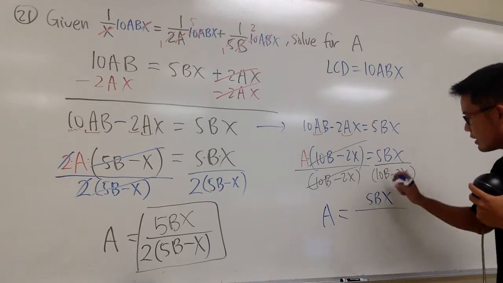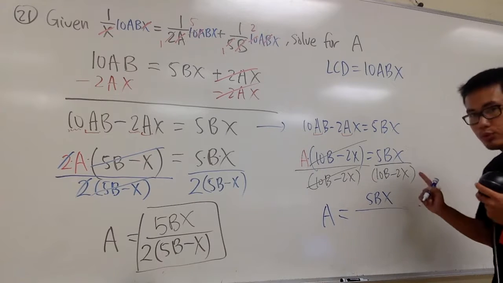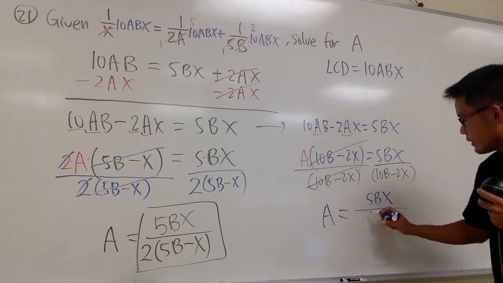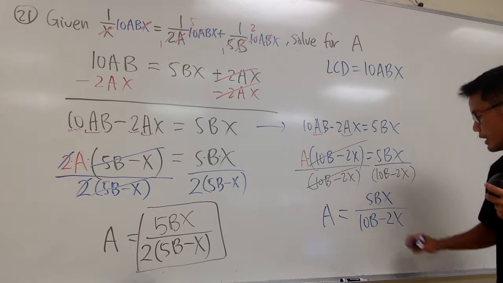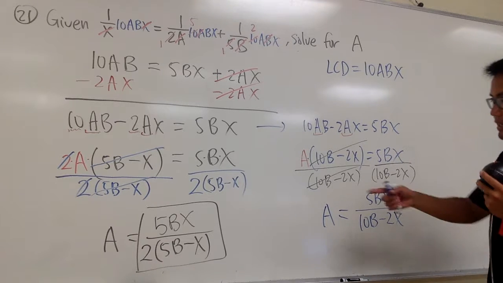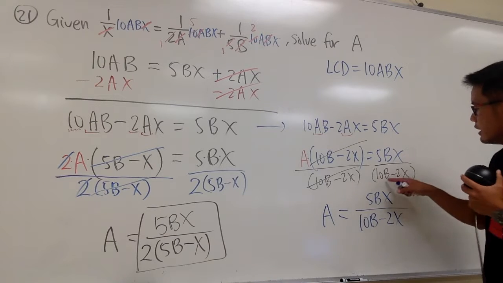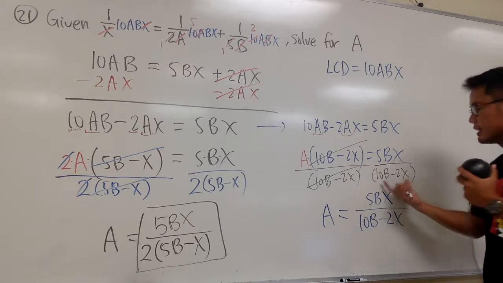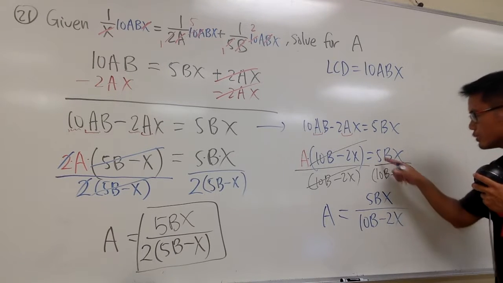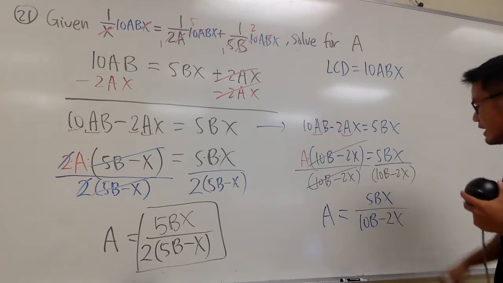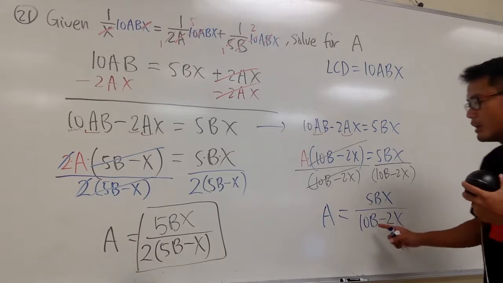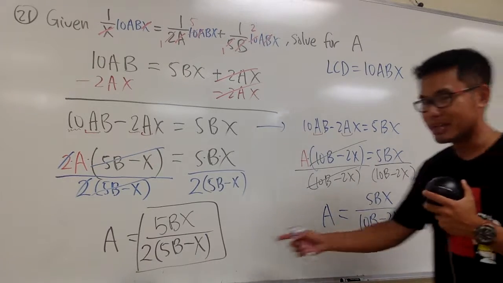5bx over, on the bottom, I don't need to have that parentheses anymore for the final answer, 10b minus 2x. And just like the same reason over there, this right here is 10b minus 2x as one factor. I cannot reduce the 5 and the 10. Just leave it like this, right? And you see, what's the difference between this and that?